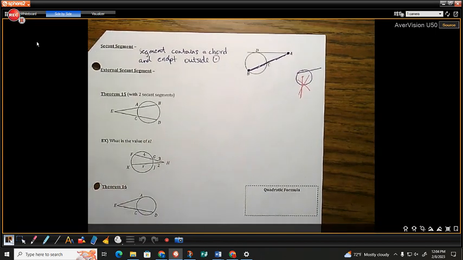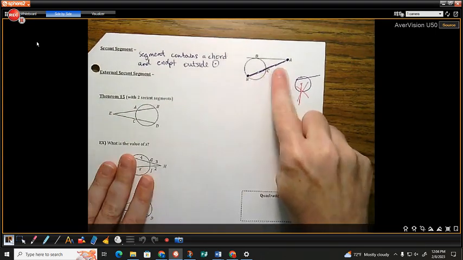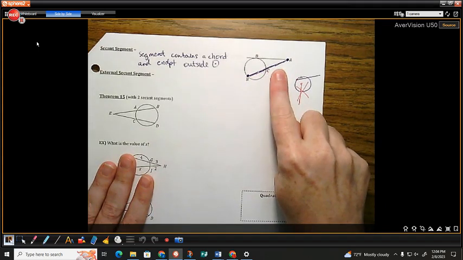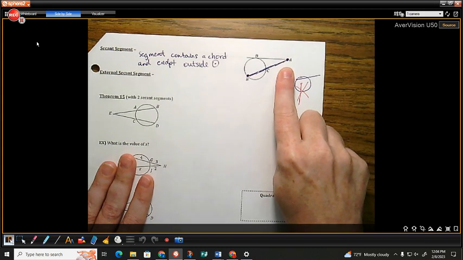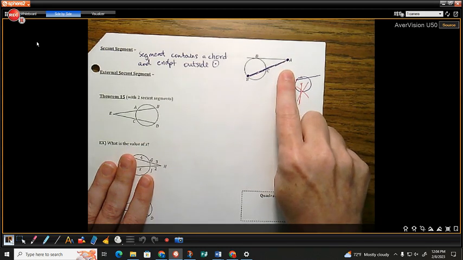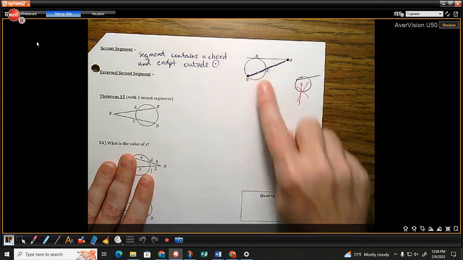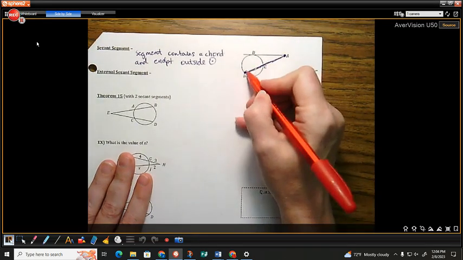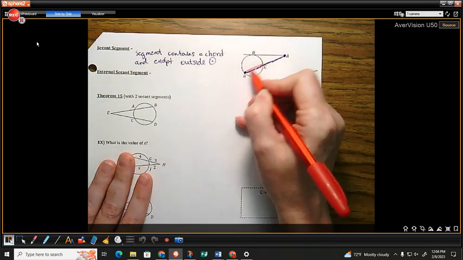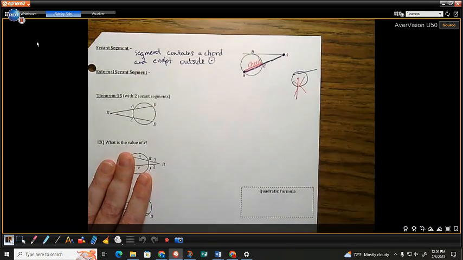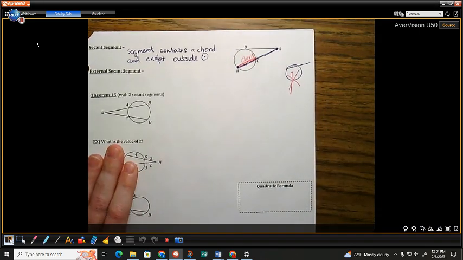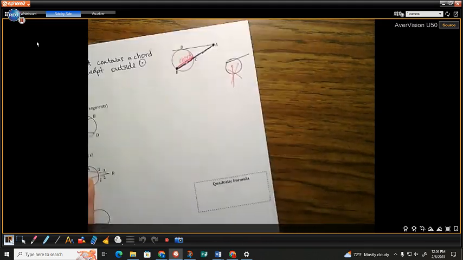Now, when you have a secant segment, see how it's got two parts? It's got an inside part and an outside part. We already have a name for the inside part of a secant segment. That's called a chord. What's the outside part called?